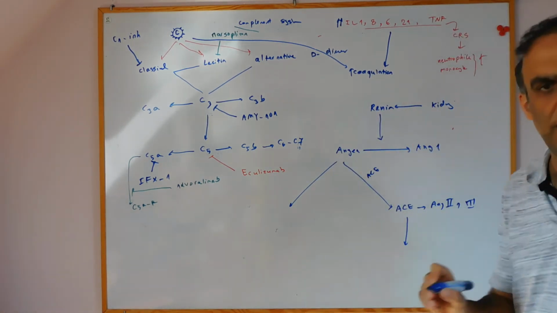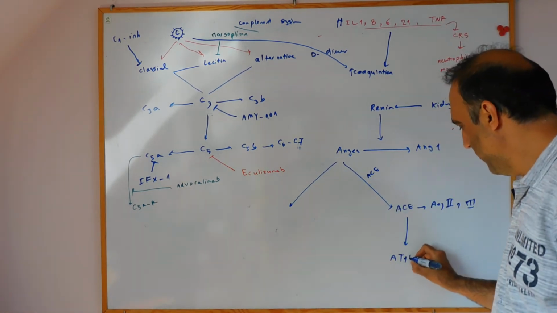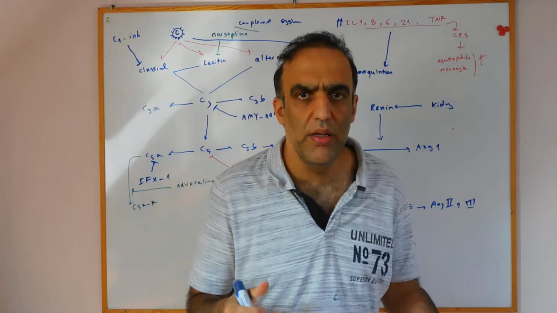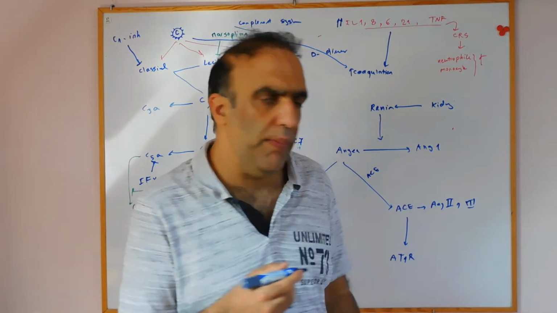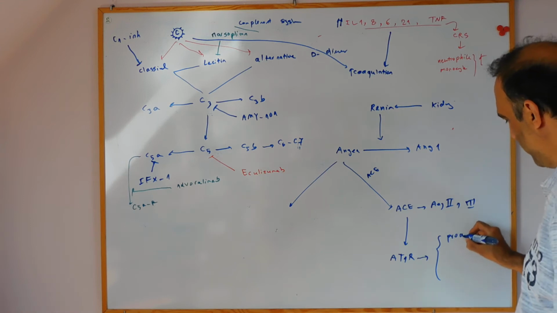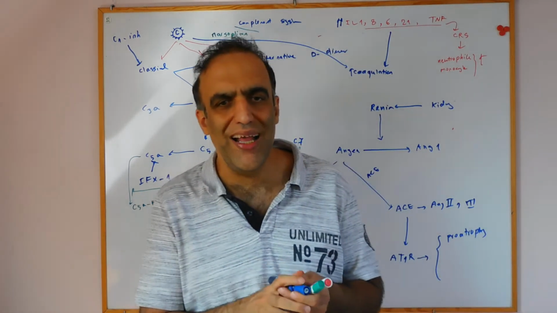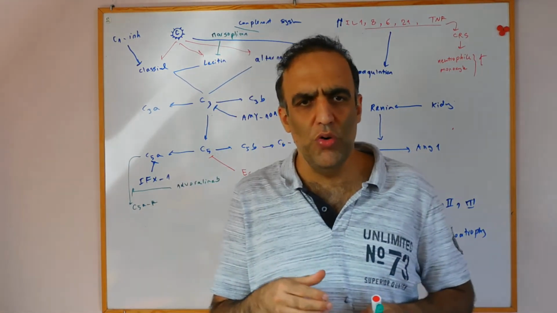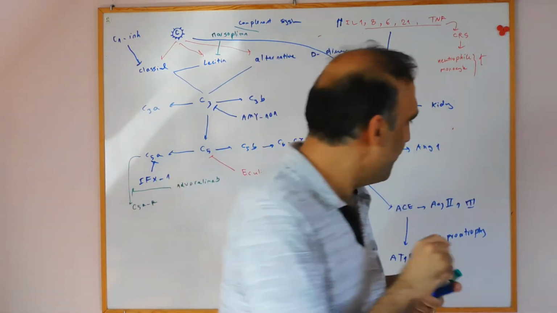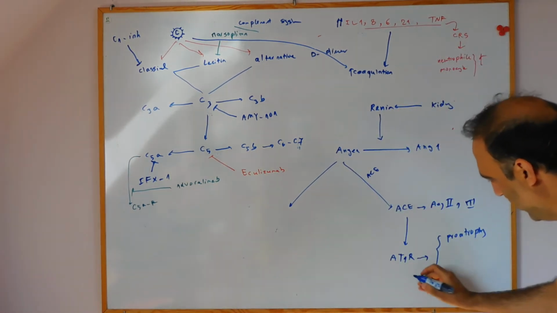And this cascade can cause an inflammation process. It can cause pro-atrophy, pro-fibrosis, pro-inflammation, pro-oxidant effects, and vasoconstriction and everything. Then inflammation continues, and it can go to tissue injury.